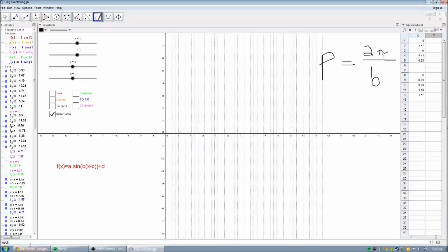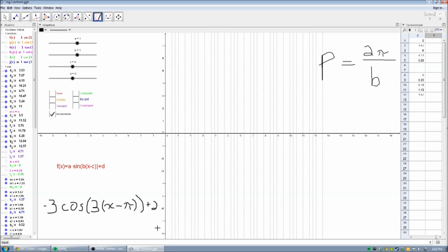Okay, let's do a different function. Kind of similar. So it'll be -3 times the cosine of, I'm going to factor out that 3. I'm just changing it a little bit. We're going to say 3 times x minus pi, plus 2.